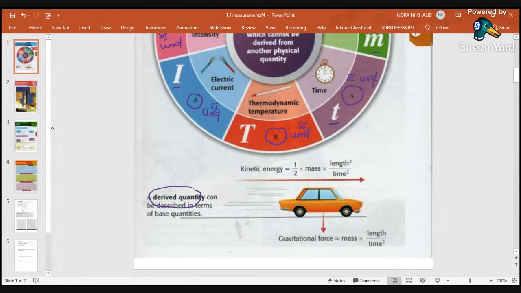Okay, a derived quantity can be described in terms of base quantity. Okay, through what? Multiplication, division, or both of the operation.